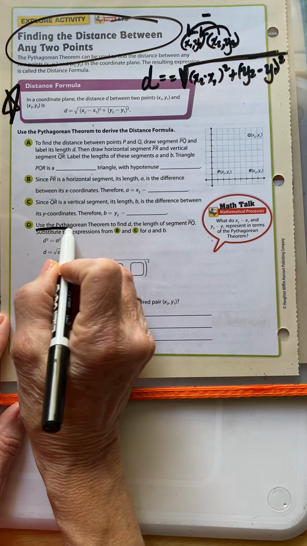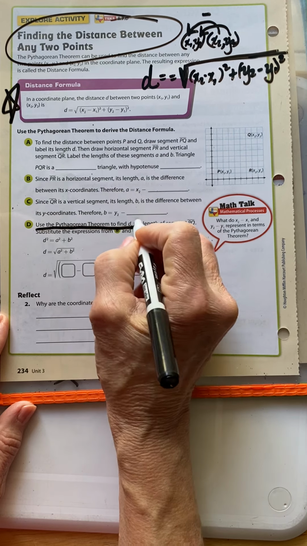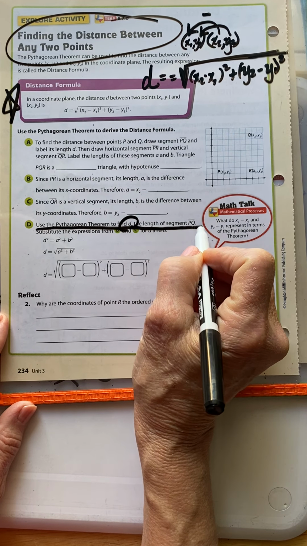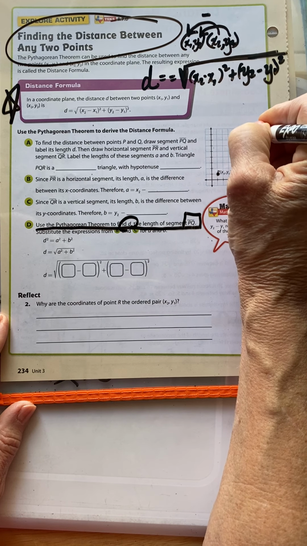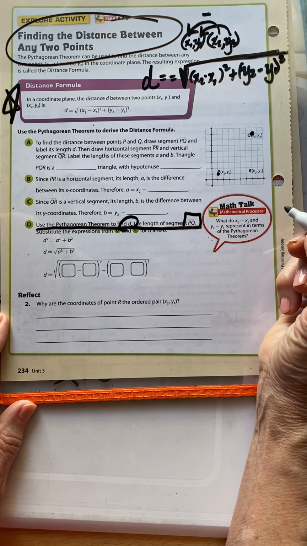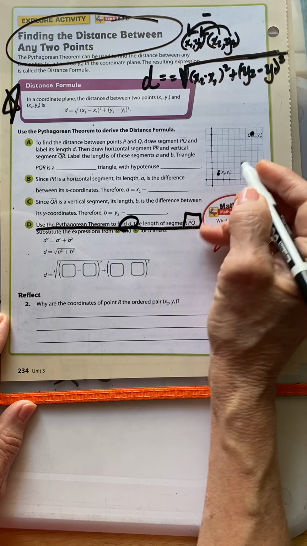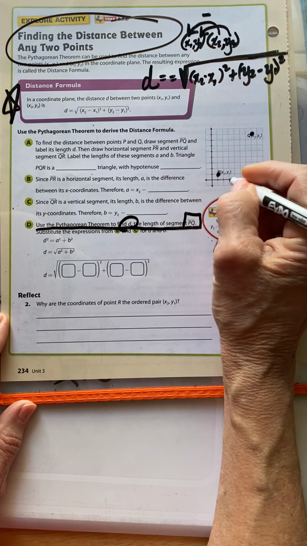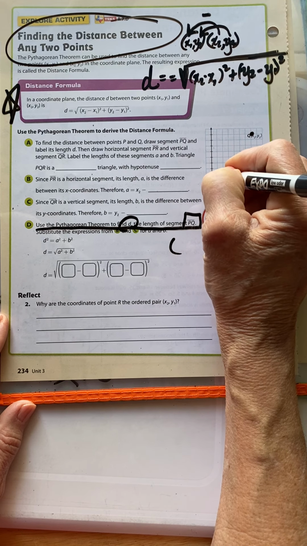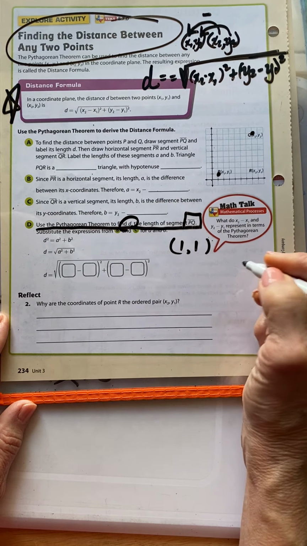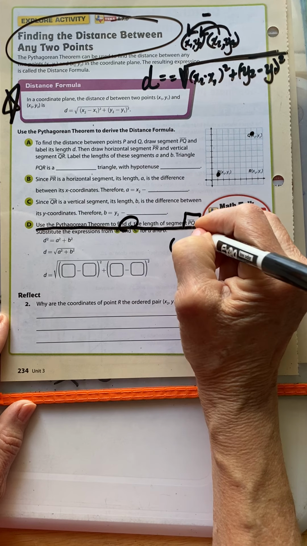It says use the Pythagorean theorem to find D, the distance, the length of line PQ. So let's put P and Q, a point. Let's give the ordered pair for P, class. P, as we see, is over 1, up 1: 1, 1.